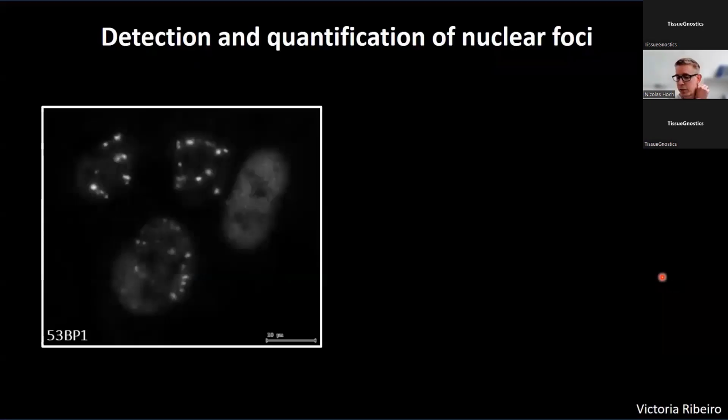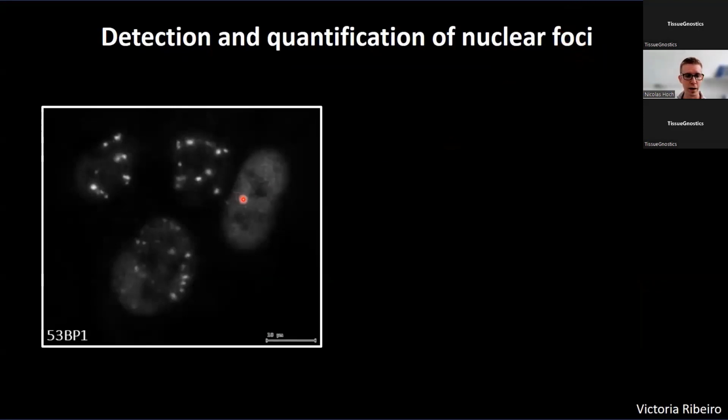Now, the experiments I showed you so far were based on just quantifying the total intensity signal within the nuclei. But I showed you at the beginning that H2AX and some other DNA damage and repair markers will actually form what we call foci.